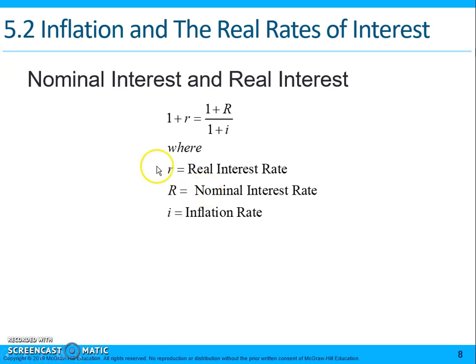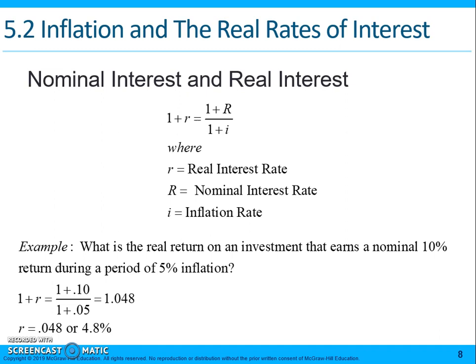So 1 plus the real interest rate is equal to 1 plus the nominal rate divided by 1 plus the inflation rate. For the most part, what you're going to see with regard to inflation, we typically talk about this in terms of expected inflation.